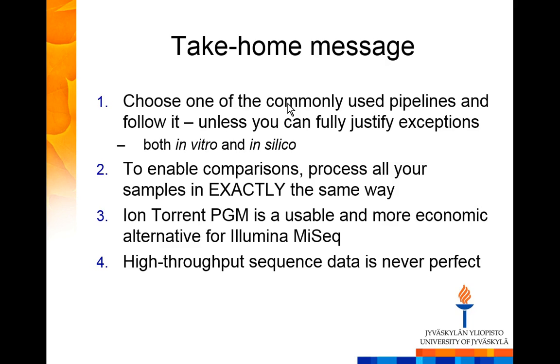And the last very important point is that no matter how well you do things in the wet lab, no matter how good a sequencing platform you have, and no matter how well you do your after-run quality control, your high throughput sequence data is never perfect. So bear that in mind when you recover new OTUs or novel diversity.